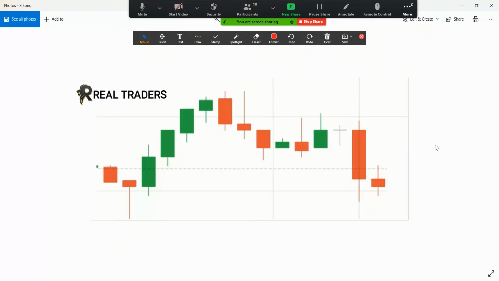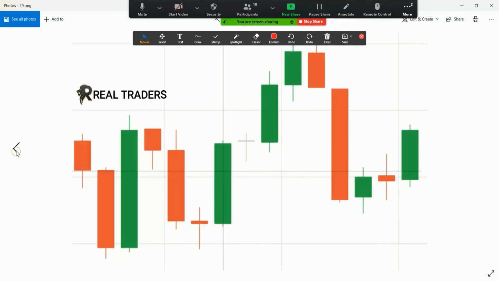Isn't this one a spinning top already? Which one, this one? Yes. You can see the spinning top, the upper rejection and lower rejection are almost the same, and the body is not this big.